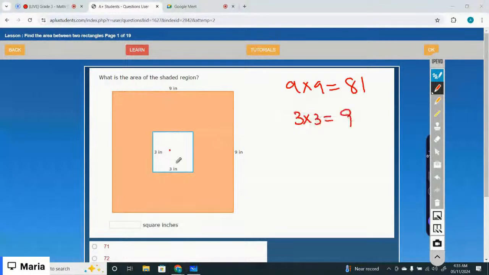You need to calculate the area of the colored portion only, so you have to subtract the area of the smaller square out of the area of the big one. You have to do 81 minus 9. So 81 minus 9 is 72. So the correct option is 72. 72 is the area of the pink region only.